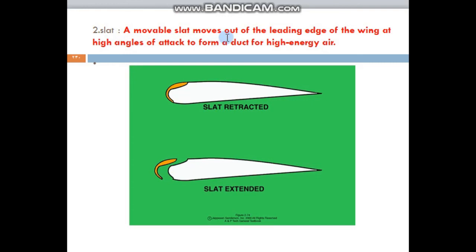A movable slat moves out of the leading edge of the wing at high angle of attack to form a duct for high energy air. How the slat is actuated to the outer side of the leading edge, that is what we will talk about in the airframe course when we talk about the leading edge devices.